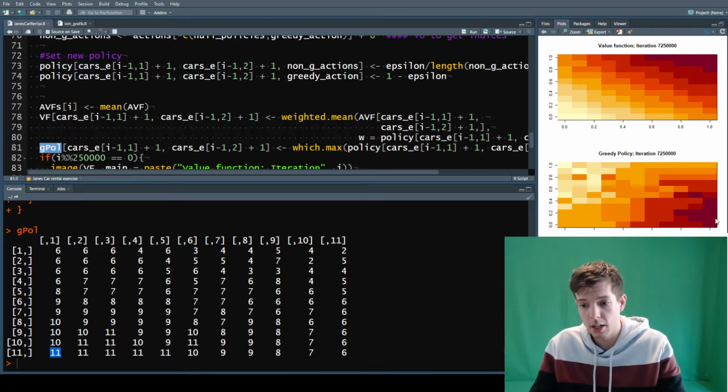So 10 cars in the first location, 0 cars in the second location, and then I will do action 11. And action 11 is shift 5 cars from the first location to the second. On the other hand, if I have 10 cars in the second location and 0 cars in the first location, I choose action number 2, which is to shift 4 cars to the first location.